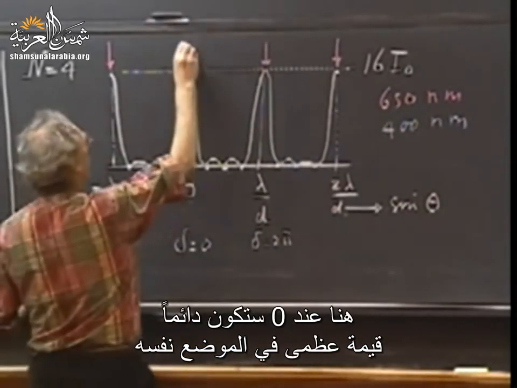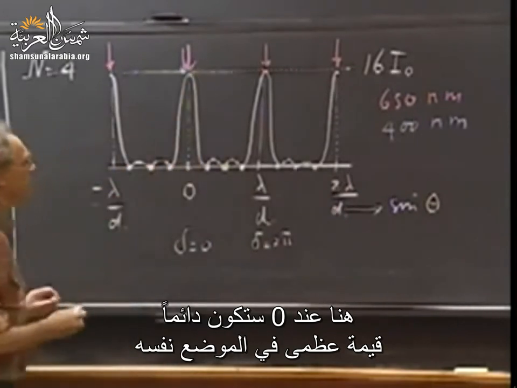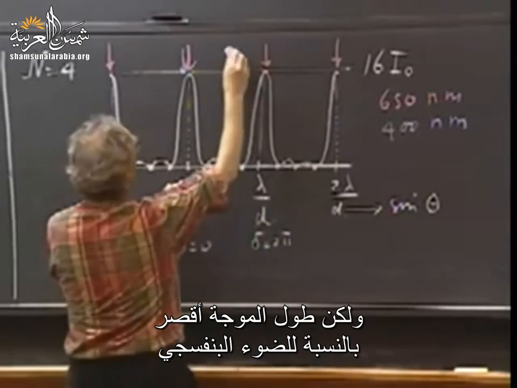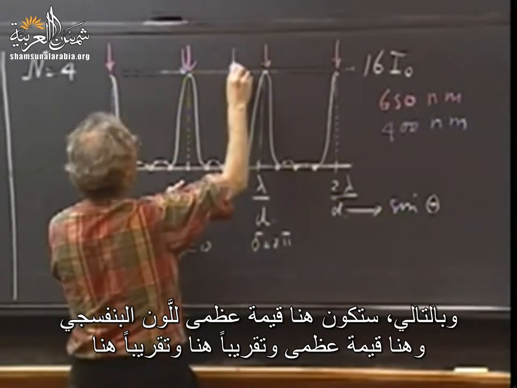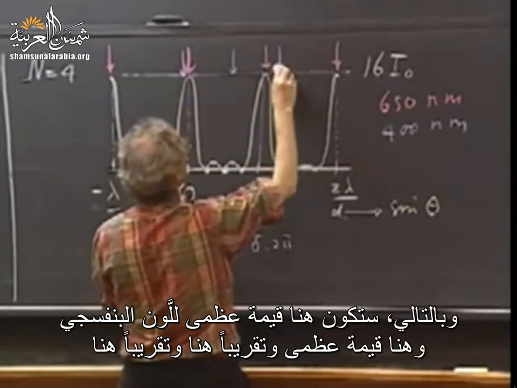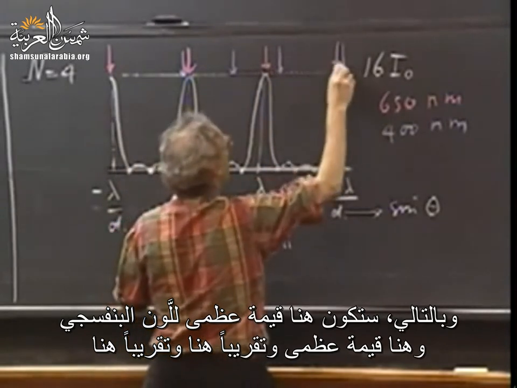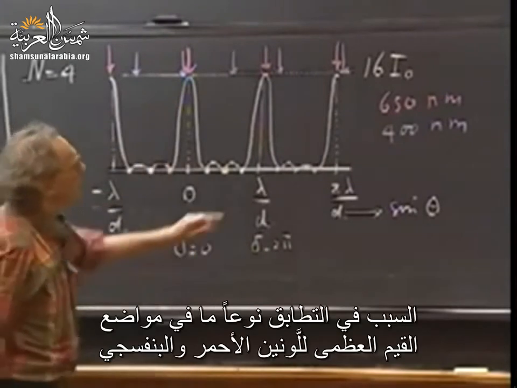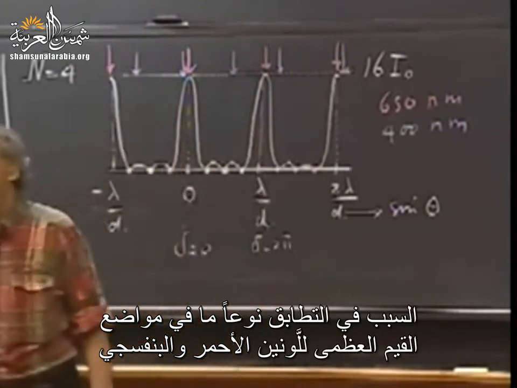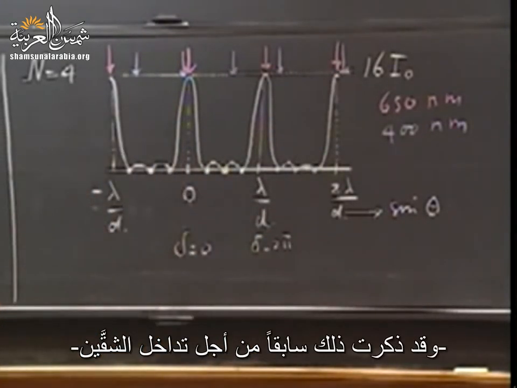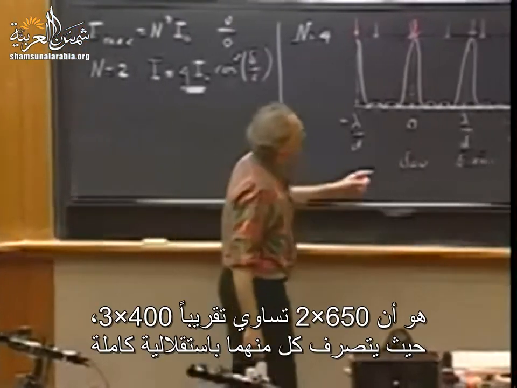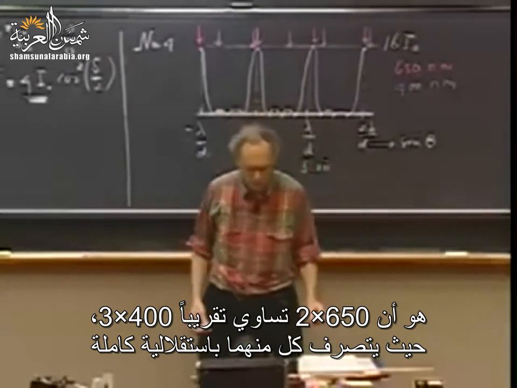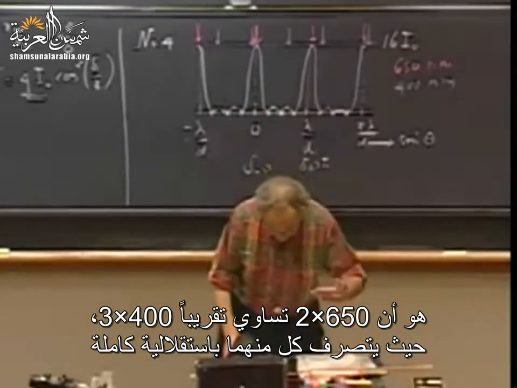Here at 0, it would always have the same location for its maximum, but the wavelength is shorter for violet, so here would be the maximum for violet, and roughly here. The reason why the red and the violet there almost coincide, I mentioned that also last time for the double slit interference, is that 2 times 650 is roughly 3 times 400. So they live a life of their own.